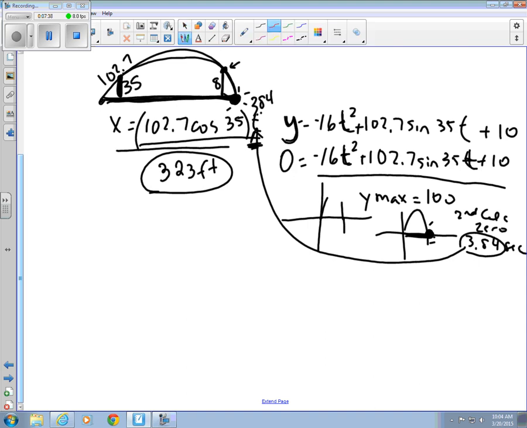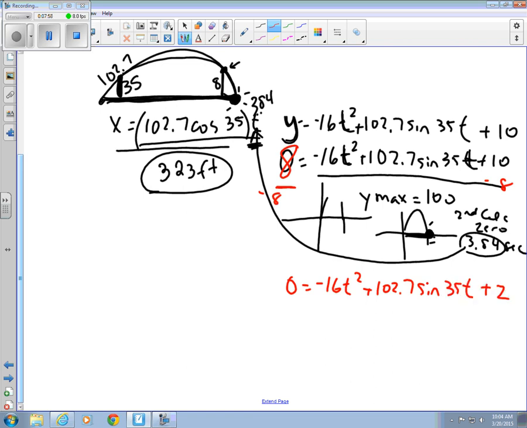So right here, that's going to be 8. To graph it, this has to be 0, so I'm going to subtract 8 from both sides. Now I have 0 equals negative 16t squared plus this, and then plus 2.